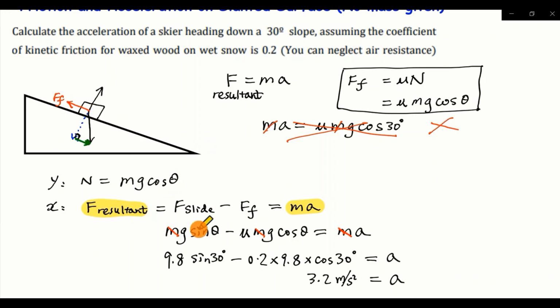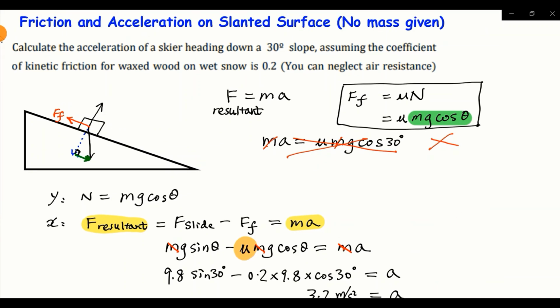On a slanted surface, the sliding force is mg sine theta, and the friction force is mu times the other side of the right angle triangle, so mu mg cosine theta. It has the extra mu because of the friction coefficient in front. So that's the end of solving this question.